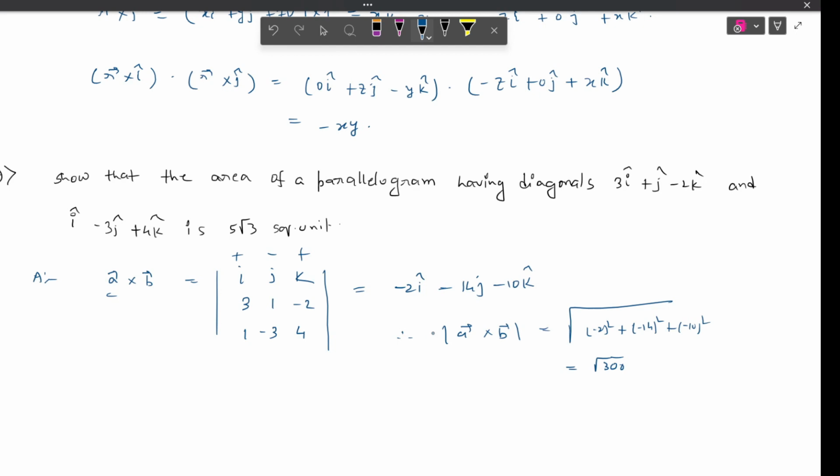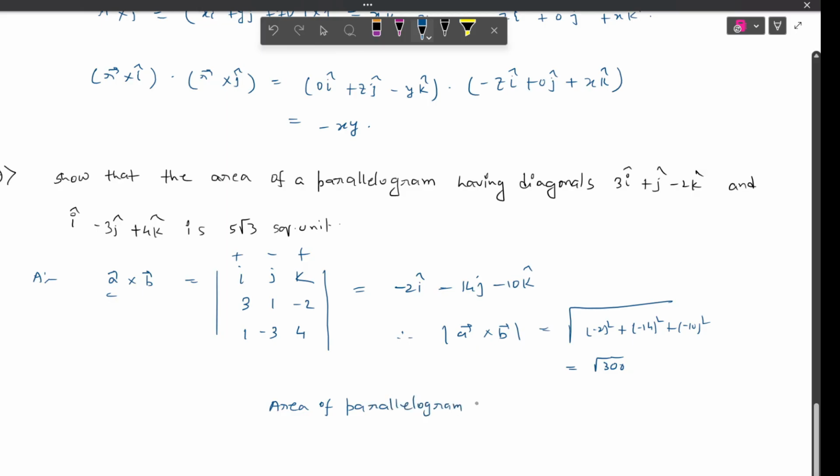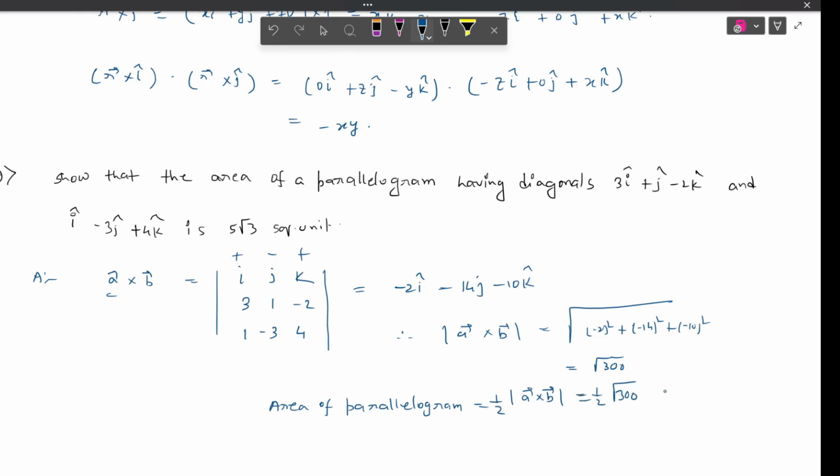Now area of parallelogram when diagonals are given is half of mod of a cross b, that is half of square root of 300. You calculate 3 into 100, 10 will come outside, 10 by 2 is 5, so 5 root 3 square unit.